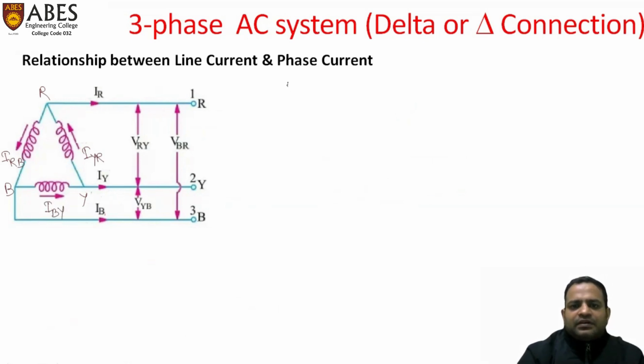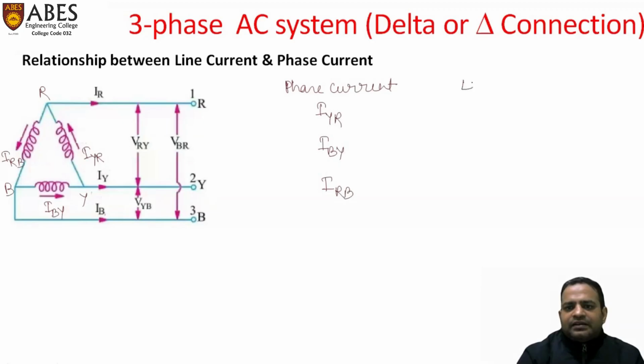So our phase currents are IYR, IBY, and IRB. What is our line current?